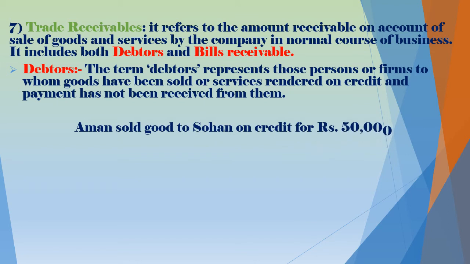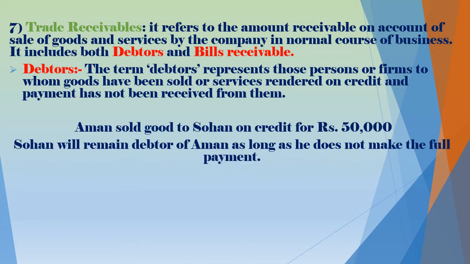Aman sold goods to Sohan on credit for rupees 50,000. Sohan will remain debtor of Aman as long as he does not make the full payment. So here Aman, the seller, sells goods to the customer Sohan, and Sohan is buying goods on credit without paying money.